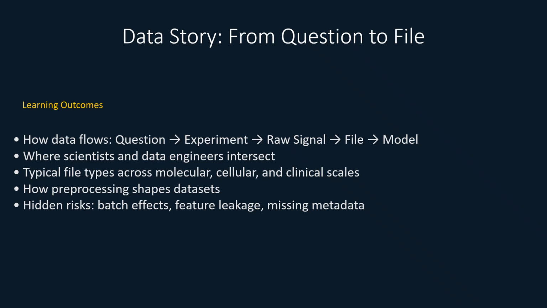Finally, it is important to recognize that pre-processing decisions and missing or incomplete metadata introduce real risks like batch effects or feature leakage. If something goes wrong upstream, the model may learn the wrong thing. Okay, so watch out.